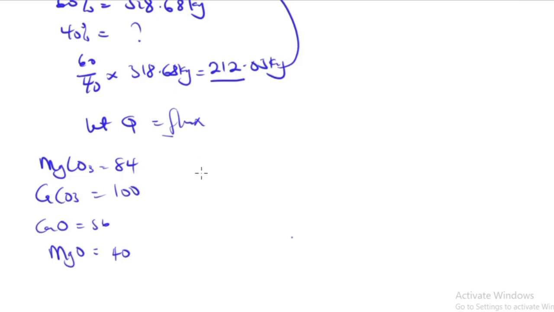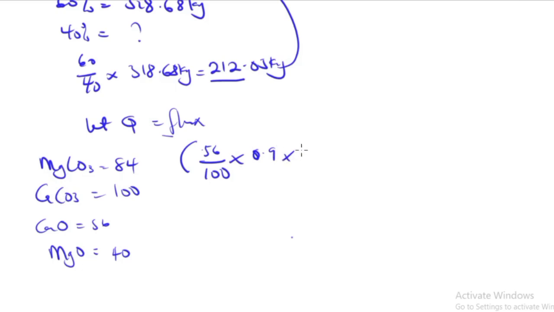So first, you open a bracket. We have 90% of calcium carbonate. So we get the mass of unknown, which is calcium oxide, 56, over mass of known, 100, times the percentage of known, which is 0.9, for calcium carbonate.